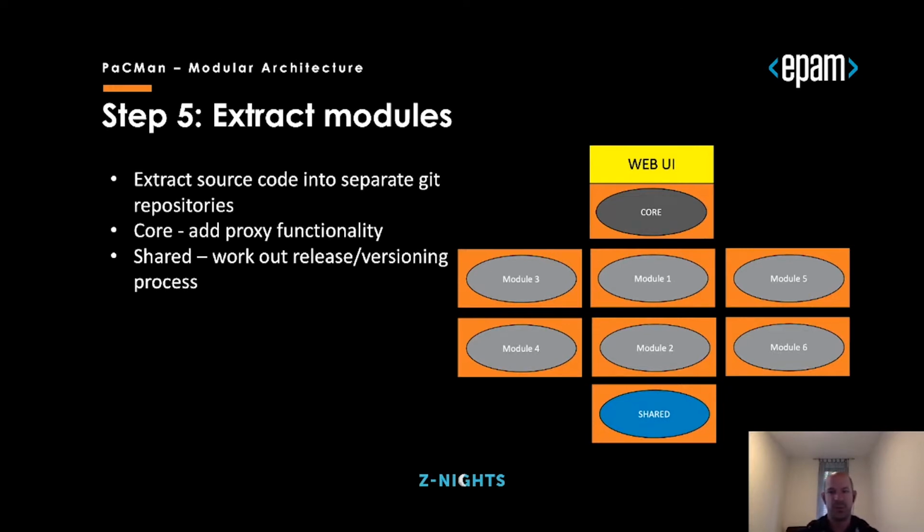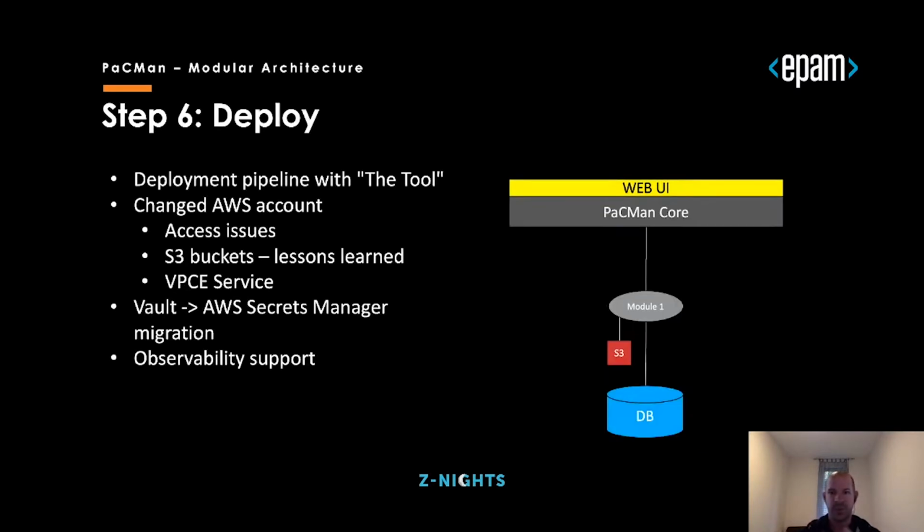So we moved all of our sub projects into real Gradle projects. Besides this, we added some proxy functionality for the core, and because the shared was an additional library, we had to add some release and versioning processes to add all of the modules as an external dependency. So that was a huge step, and after that we could start the deployment.